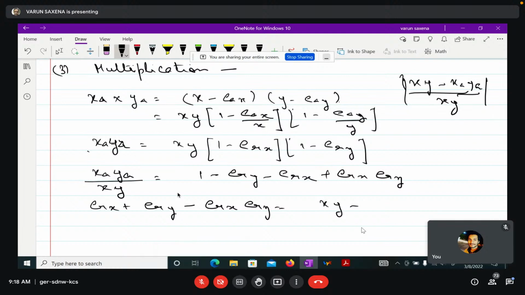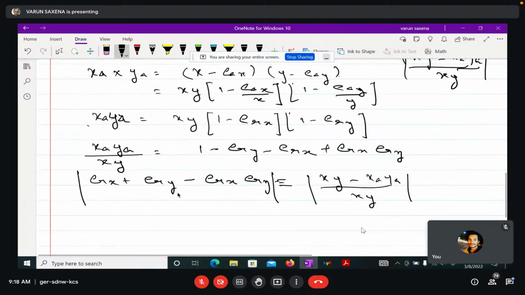The approximate value would be xa into ya. So then this would be the relative error. So I'm coming to that expression. You will see that we will come to that only. So xa ya over xy. So if you take the mod on both sides, now this is the relative error in multiplication. I hope now it's clear.